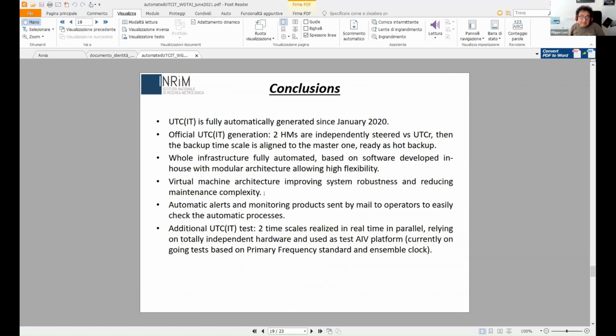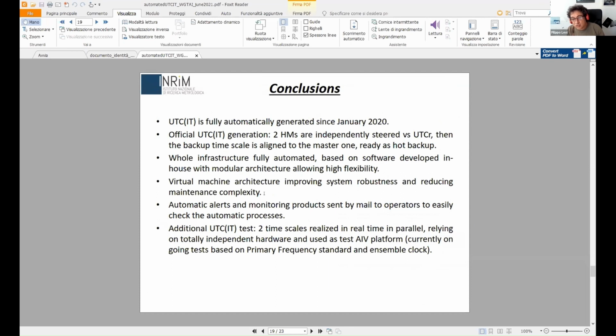So coming to the conclusion, UTC ET has been fully automatically generated for more than 1 year, and two hydrogen masers are independently steered versus UTC Rapid with the present configuration.